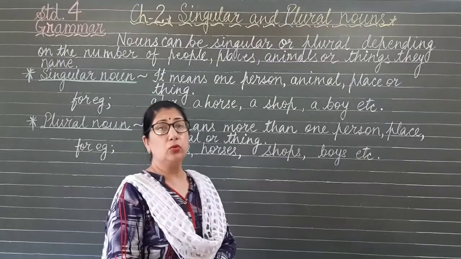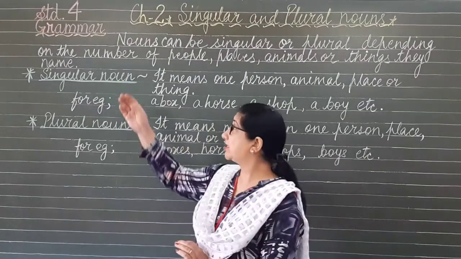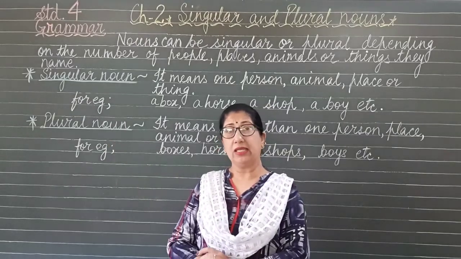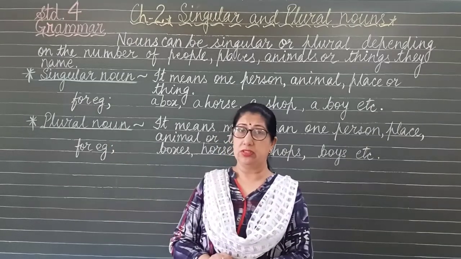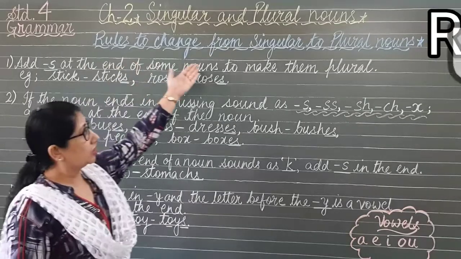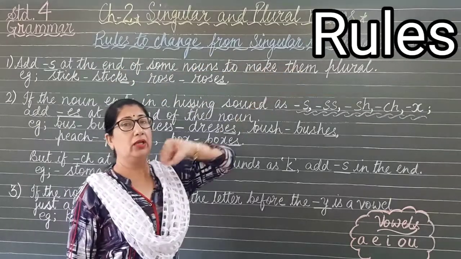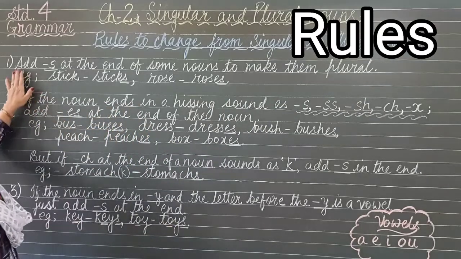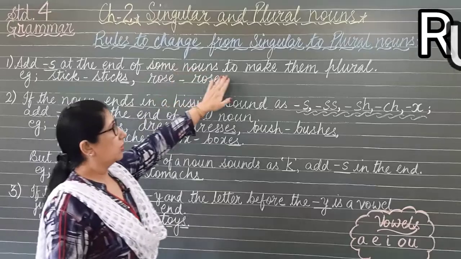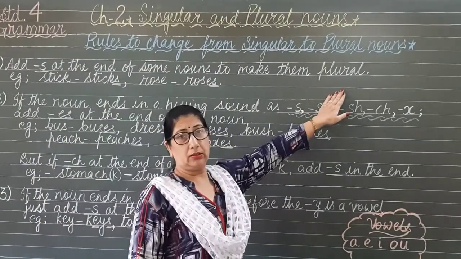Now there are some rules for how to change a singular noun to plural. So now we will see some of such rules. Now let us see the rules to change from singular to plural nouns. Our first rule is add s at the end of some nouns to make them plural.